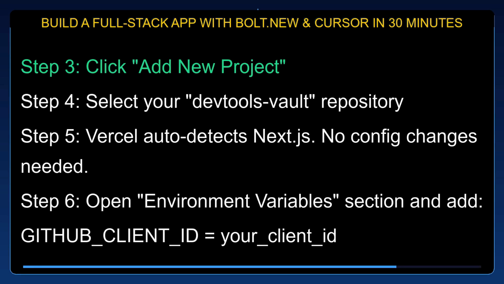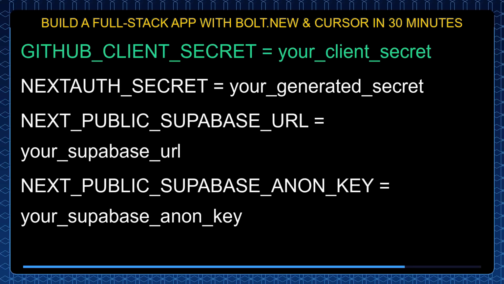Step 6. Open environment variables section and add GITHUB_CLIENT_ID equals your client ID, GITHUB_CLIENT_SECRET equals your client secret, NEXTAUTH_SECRET equals your generated secret, NEXT_PUBLIC_SUPABASE_URL equals your Supabase URL, NEXT_PUBLIC_SUPABASE_ANON_KEY equals your Supabase anon key.